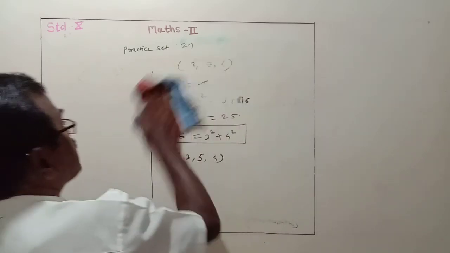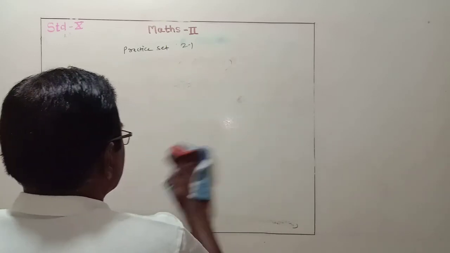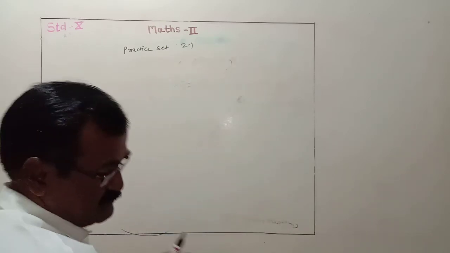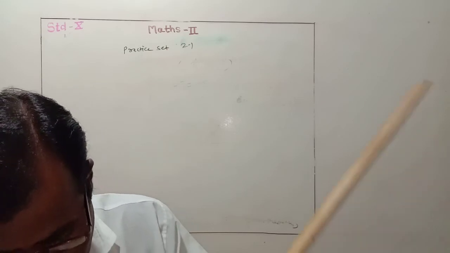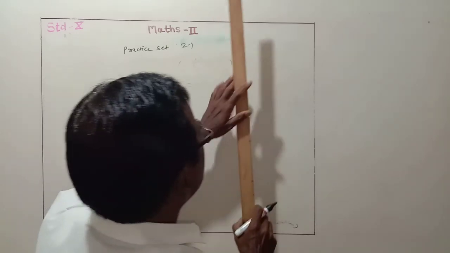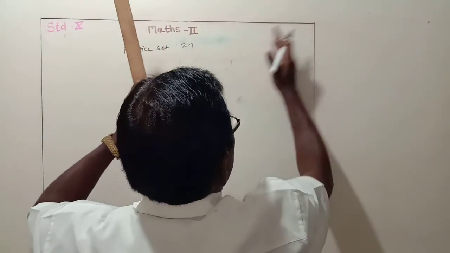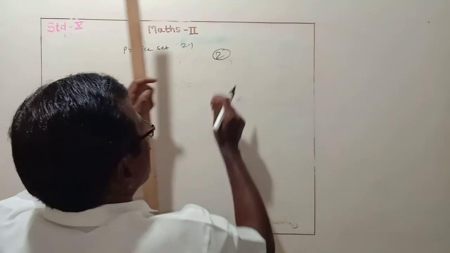In the second example, some values are given and also a figure is given. In this figure, there is a right angle triangle MNP, with angle MNP equal to 90 degrees. This is question number 2.